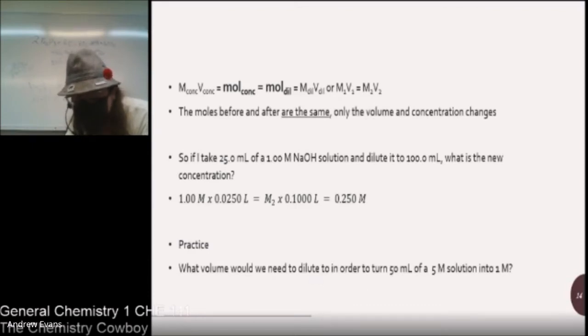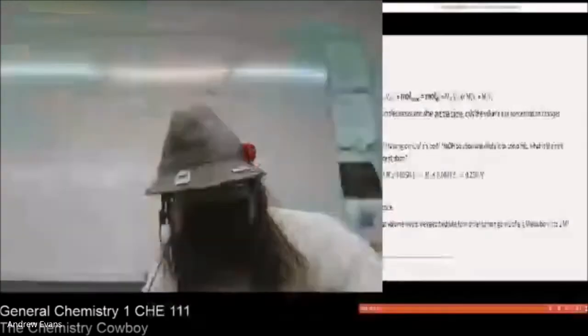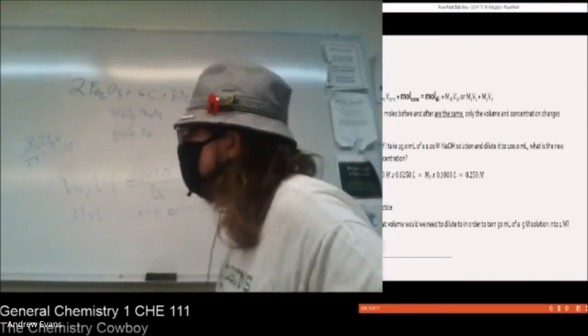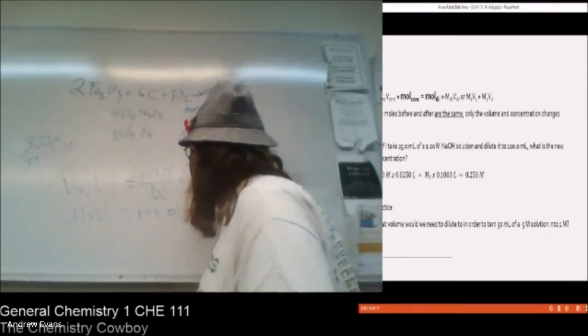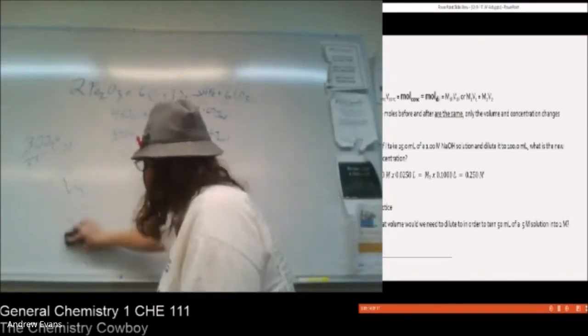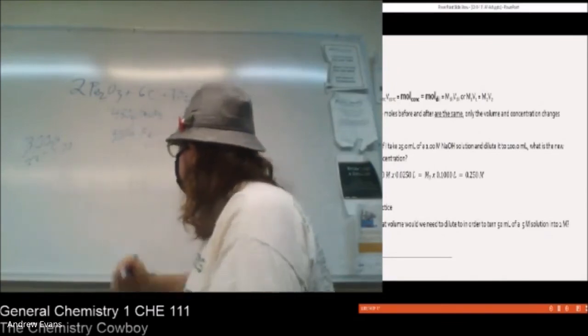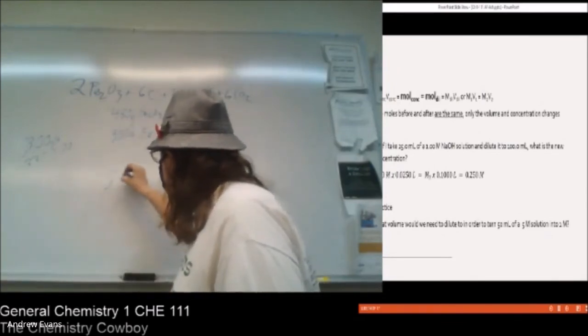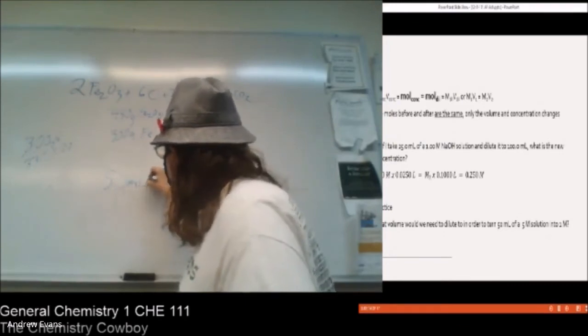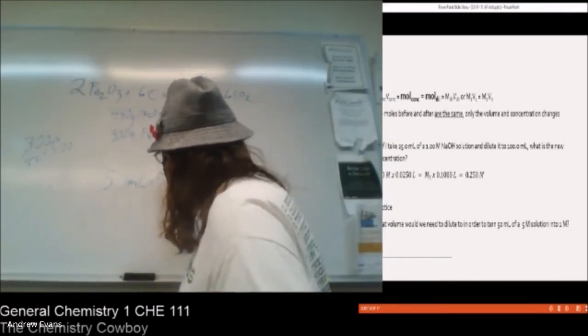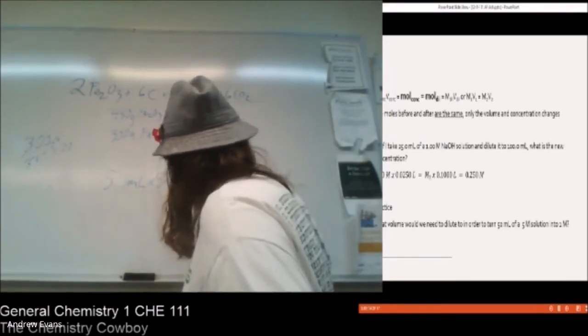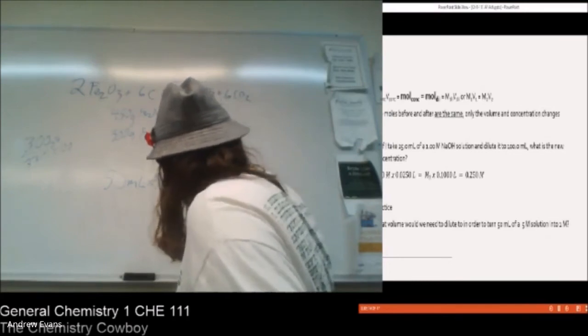So what volume would you need to dilute 50 mils of a 5 molar solution to 1 molar? Setting this up, turning 50 mils of a 5 molar into 1 molar: 50 mils times 5M equals 1M times volume.